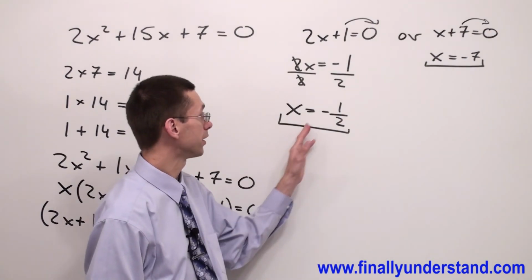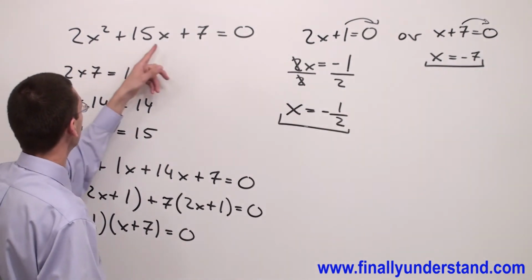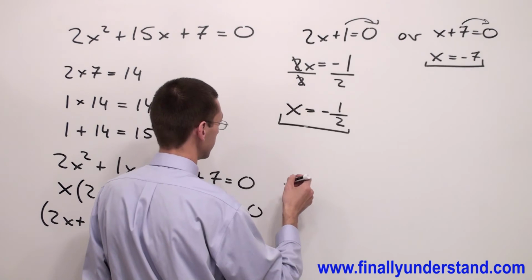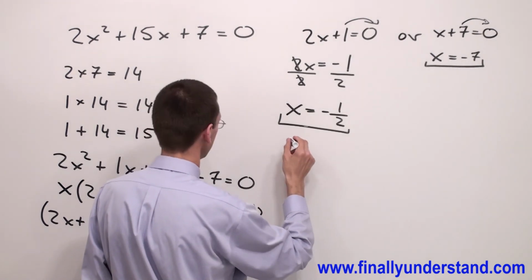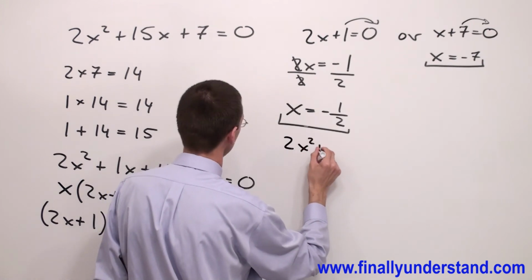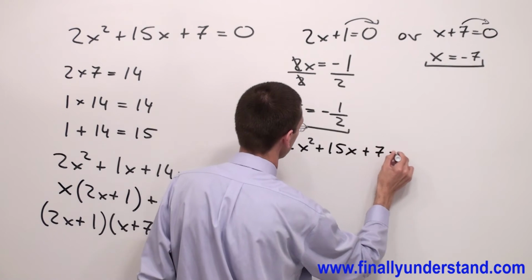So I found two values of x. In order to verify these two answers, we're supposed to substitute x, first of all, by negative 1/2. Copy down the first equation. I have 2x squared plus 15x plus 7 is equal to 0.